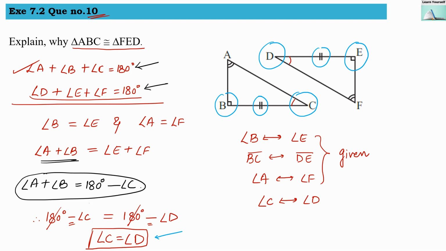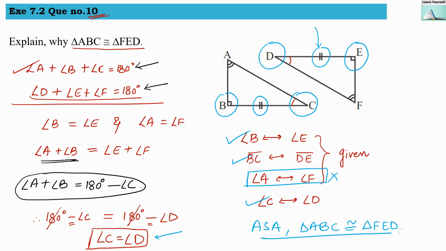So as per this criteria, this is angle side angle, in which the side is in between two angles, and here we are not using this angle. We are using this angle, this side and this side and this angle. So angle side angle criteria will fit into this.